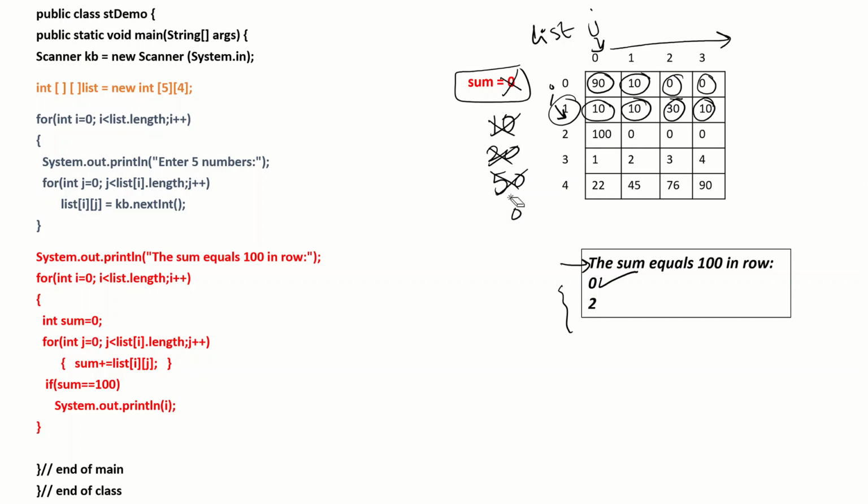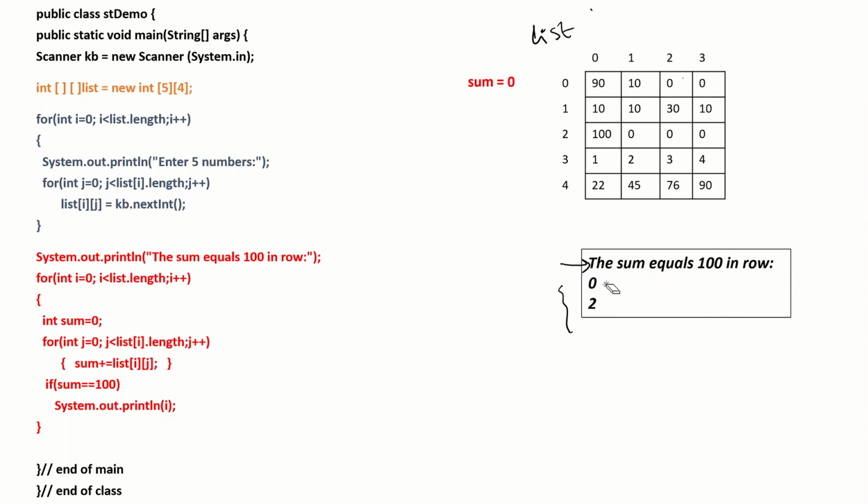Again, you start with sum equals 0 and start doing the summation. This does the job that was in the question: go for each row, do the summation, and if the summation equals 100, output your row number.